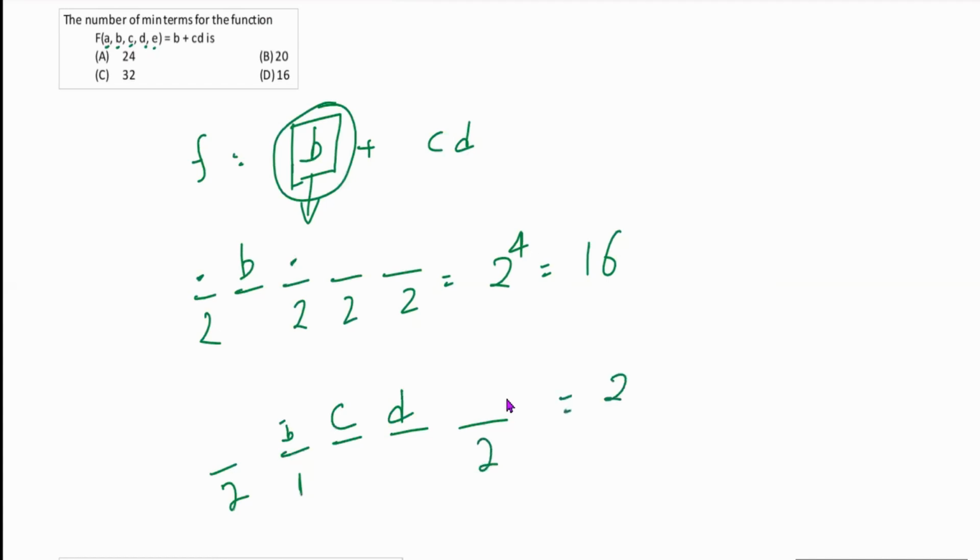So that is 2 into 1 into 2, that is 4 possible combinations, meaning 4 min terms from here. In total, 16 plus 4 is 20 min terms. So B plus CD has 20 min terms, and my option B is the correct one.